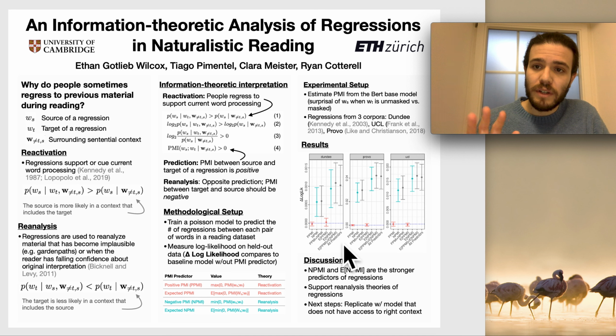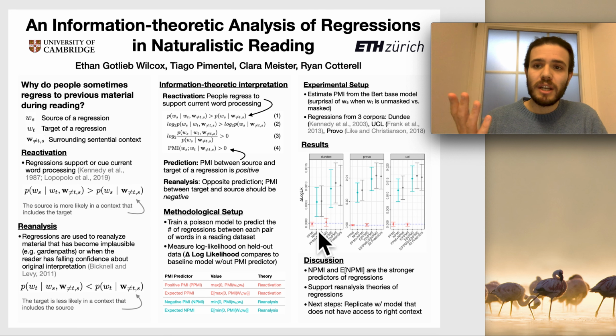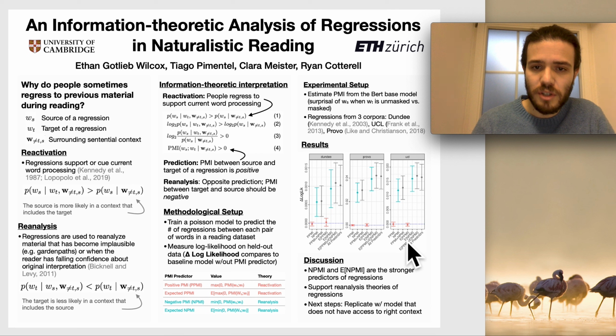Our results are very consistent and pretty strong across the corpora. On the y-axis here, you see the delta log likelihood, or the ability of the model to predict the number of regressions between words, and on the x-axis are the different models trained with our different target predictors.